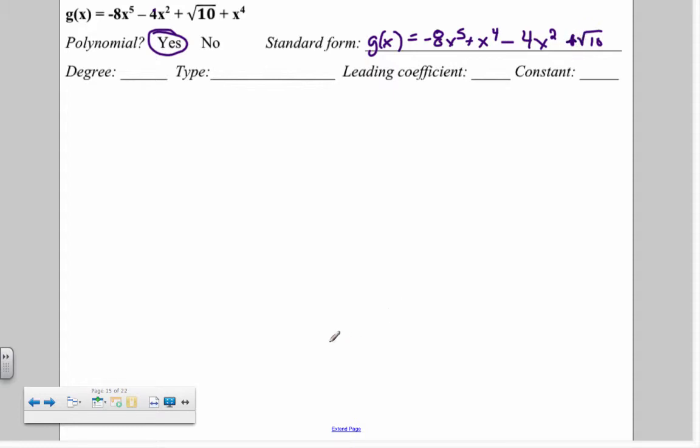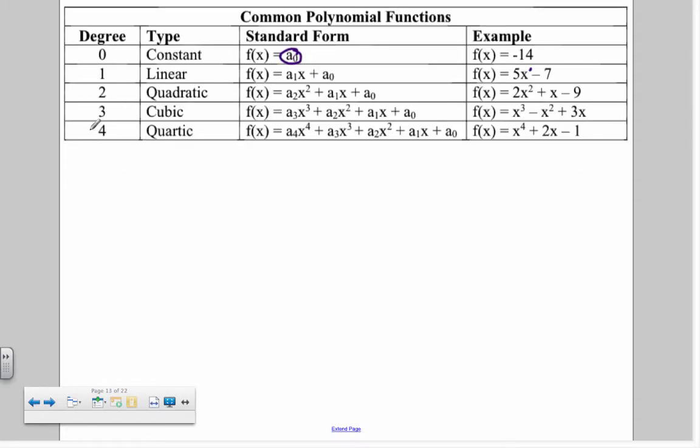Once I put it in standard form, it's pretty easy to answer the other questions. The degree is the highest degree term, which I always have to put first in standard form. So my degree here is 5. The type, well, I'm going to have to go back to that chart and take a look. Oh, degree of 5, oh my gosh. They didn't tell us what a degree 5 was on this chart. So let's write it in.